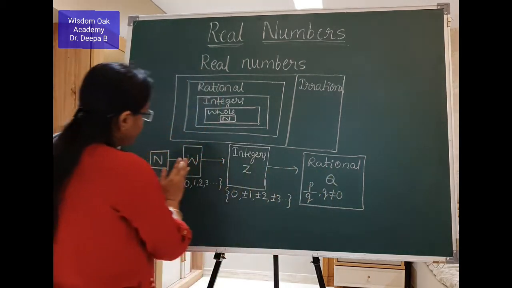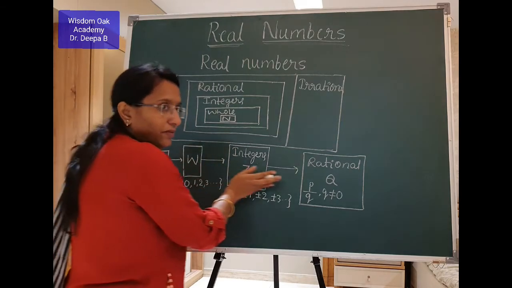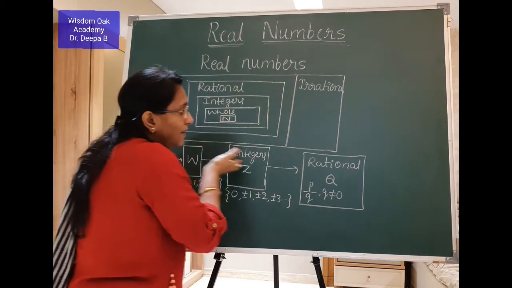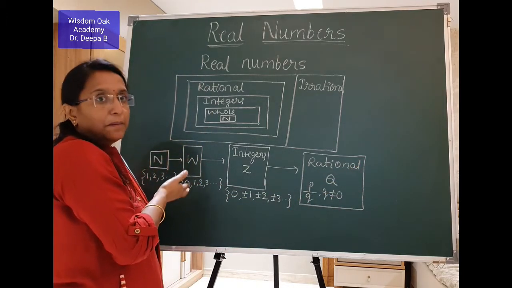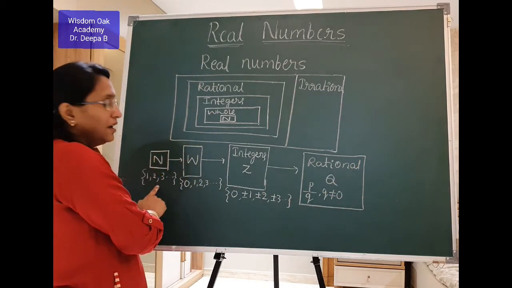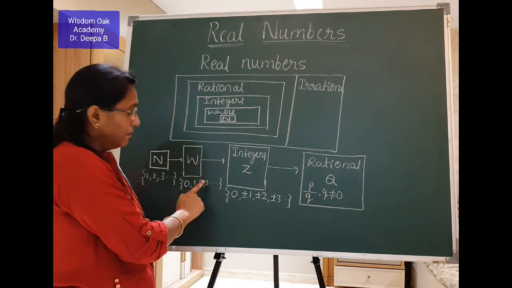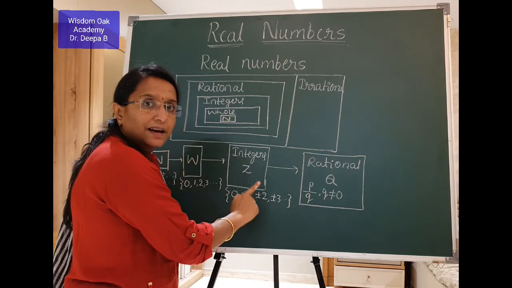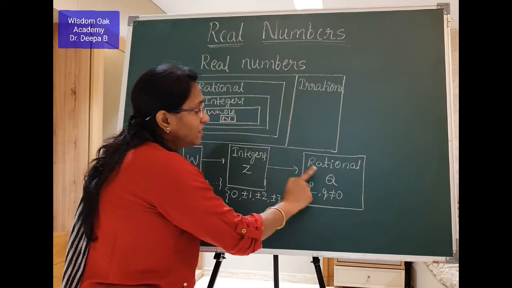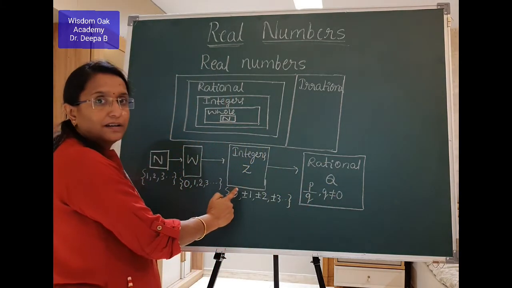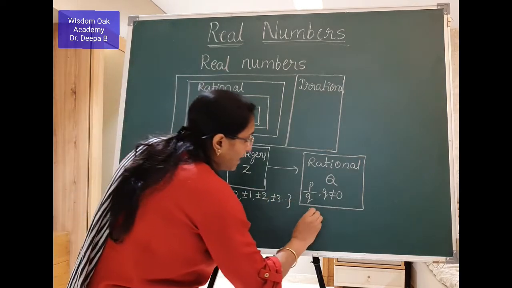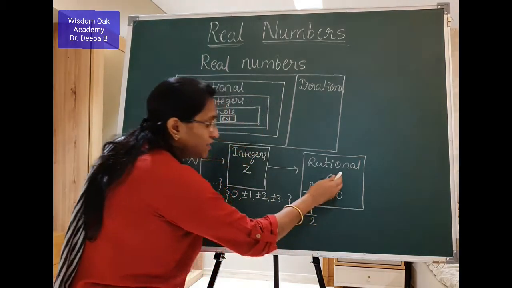So just observe this. This is like a moving vehicle. It will go only in this direction. It will not come back in a reverse way. Means every natural number is a whole number. Every whole number is an integer. Every integer is rational number. But every rational number is not integer. Because if I take 1 by 2, it is a rational number.